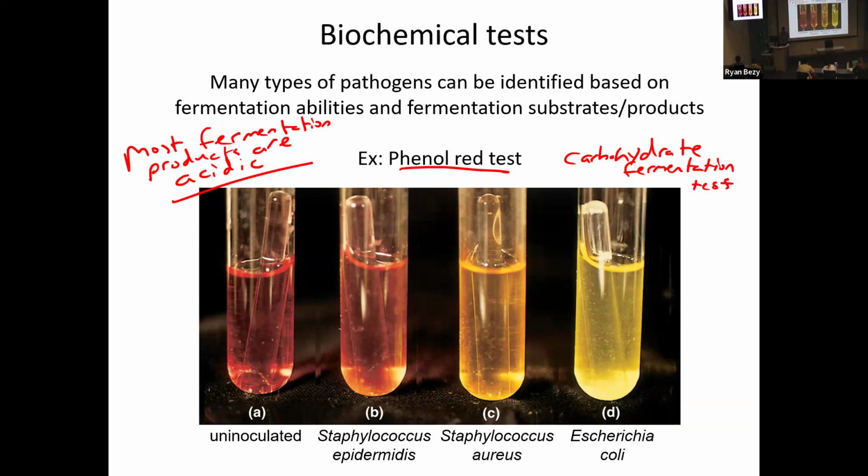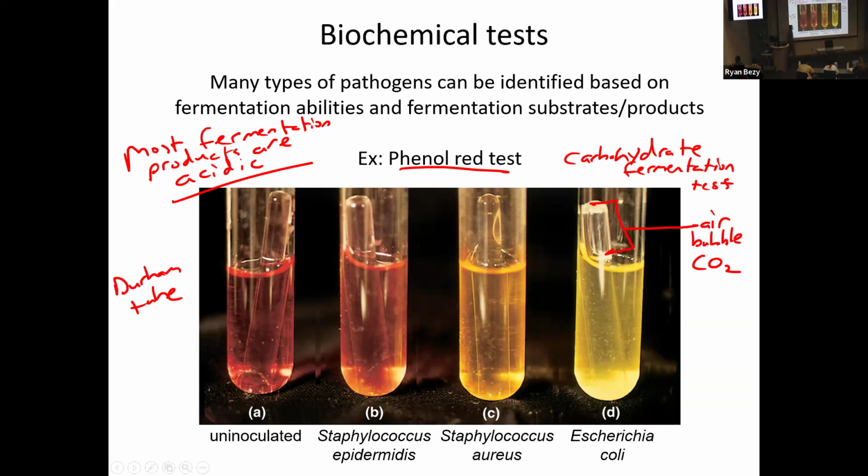You guys will also have a little upside down tube called a Durham tube in there. You don't have to worry about this too much. But you see how there's a little glass tube in here? It's hard to see, but there is an air bubble here. And it's actually a CO2 air bubble.